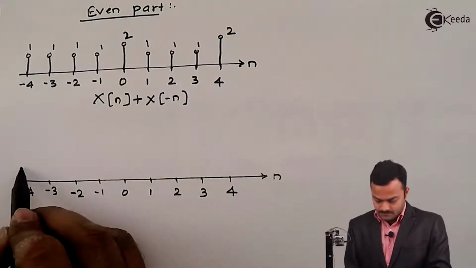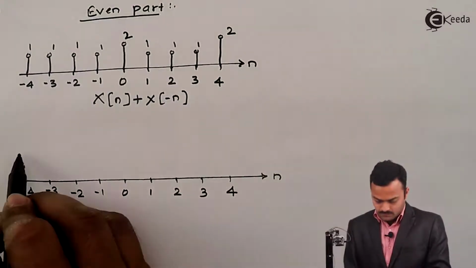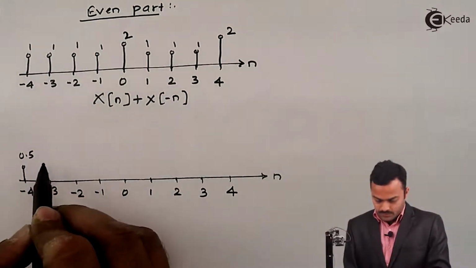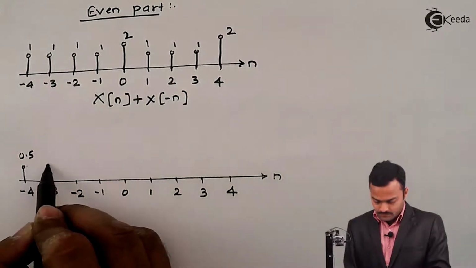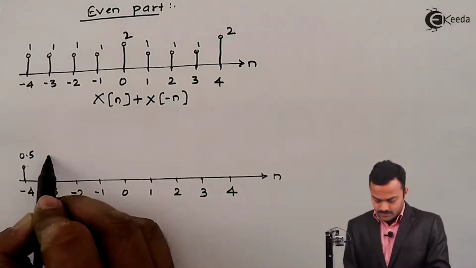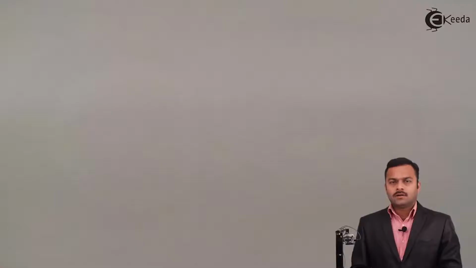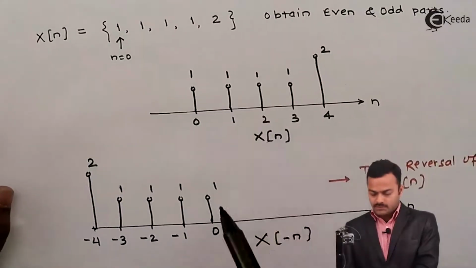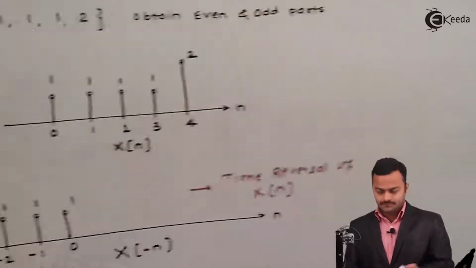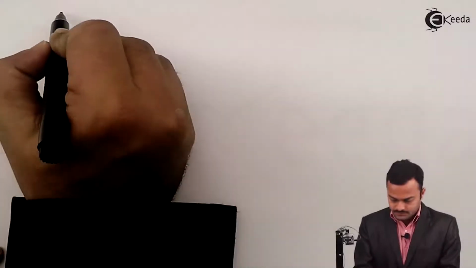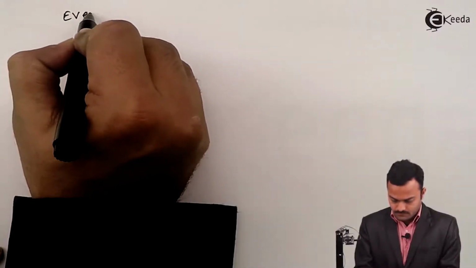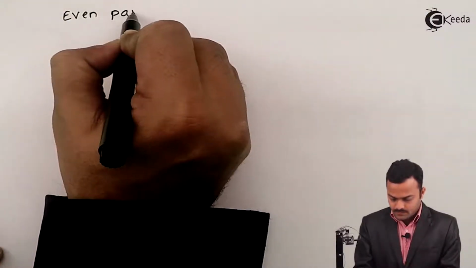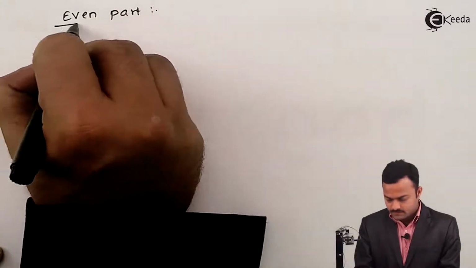So it becomes 0.5 everywhere. Now to get the even part, we need to add these two signals. And the addition of these two signals will give you the even part, which is like this.